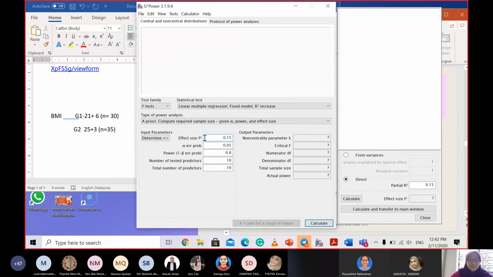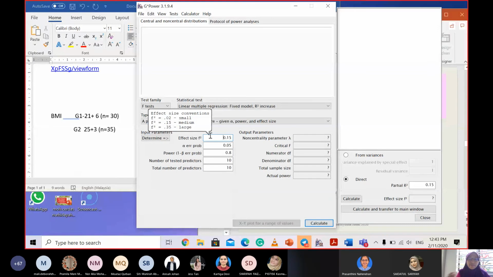This one. Okay, I try again. I'm searching for the clue, the hint. Okay, effect size conventions. F square 0.02 means small, 0.15 means medium, 0.35 means large. So if you don't have any prior research to compare with, you can choose from this effect size convention.